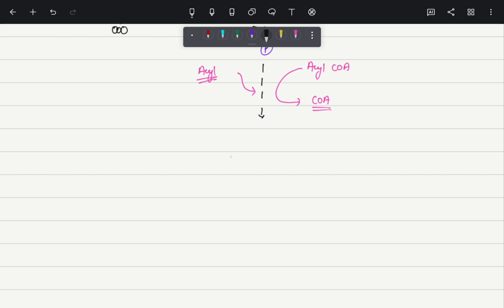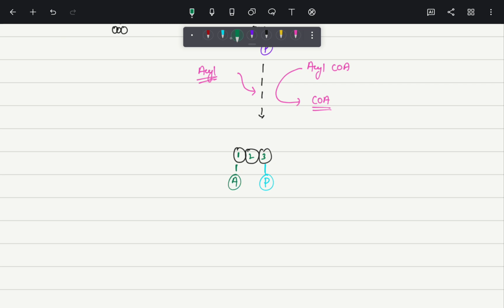So once again I am going to draw the structure of glycerol. So this was 1, 2, 3. What was the 3 carbon structure? It was glycerol, and to the 3rd carbon there was a phosphate attached, which was glycerol 3 phosphate, and now we are going to add an acyl group to the 1st carbon. I will name it as A. On the third carbon we have the phosphate, and on the first carbon we are going to add the acyl group.